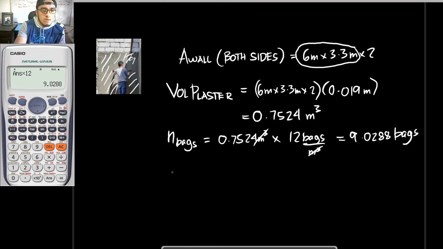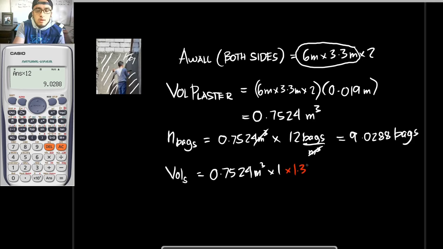As for the volume of sand, that is to be 0.7524 cubic meters, and our factor is times 1. But take note, in plastering we must increase the volume of sand by 33%, so times 1.33.